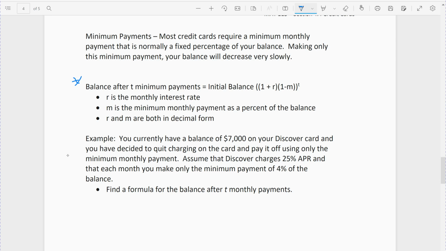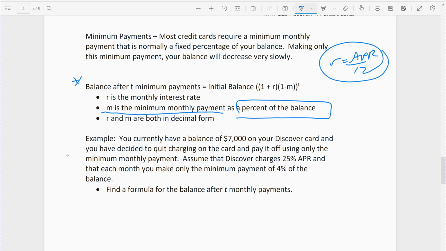So R is the monthly interest rate, so remember the monthly interest rate is the APR divided by 12, APR as a decimal. M is the minimum monthly payment, so how much the bank or the credit card has set up as a monthly payment, and often it's a percent of the balance. It's a percent of what you owe. Both of those need to be in decimal form when we put them in the formula.